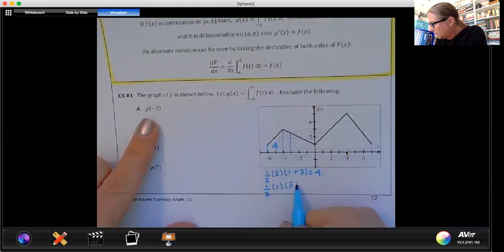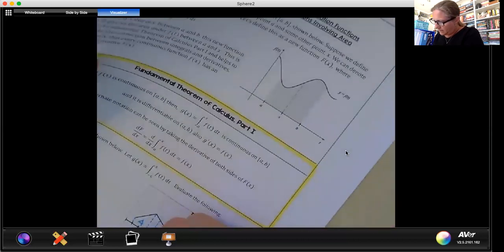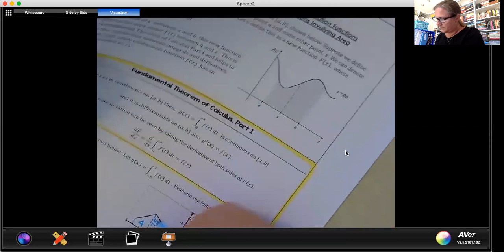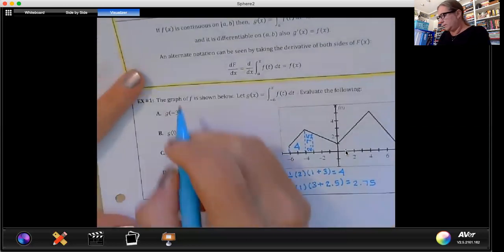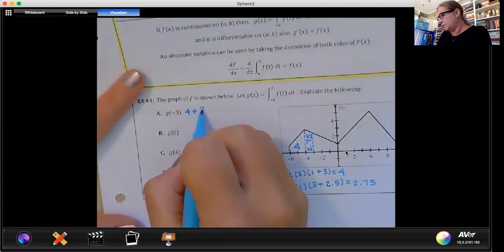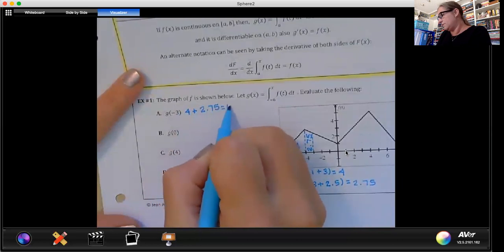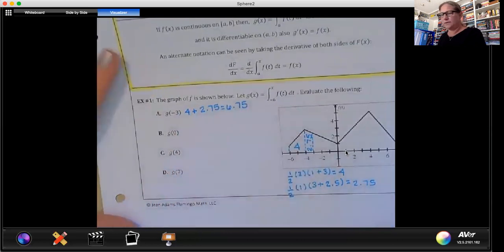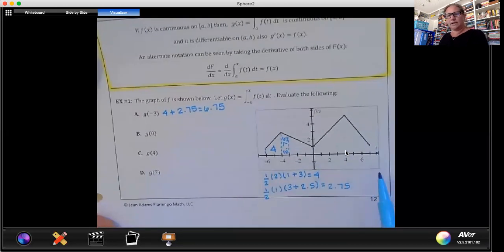So 3 plus, I think that's about 2.5. So let's see, 5.5 divided by 2 is 2.75. So that's our area here. So the answer is 4 plus 2.75, which is 6.75. And you're going to do that throughout the rest of the graph.